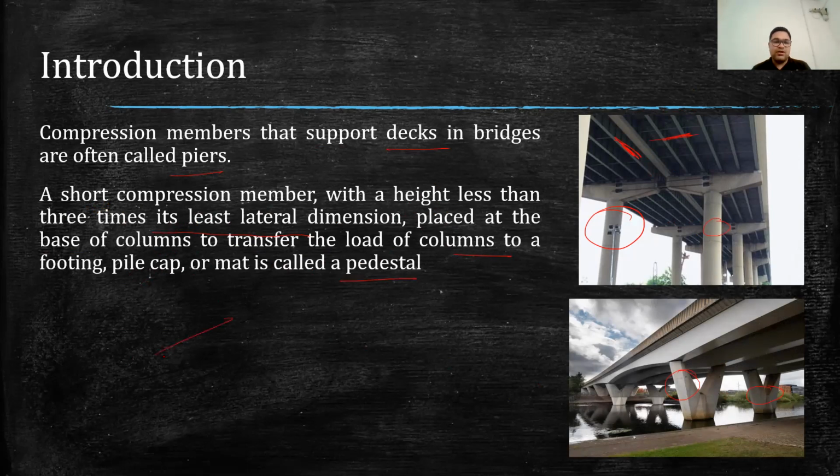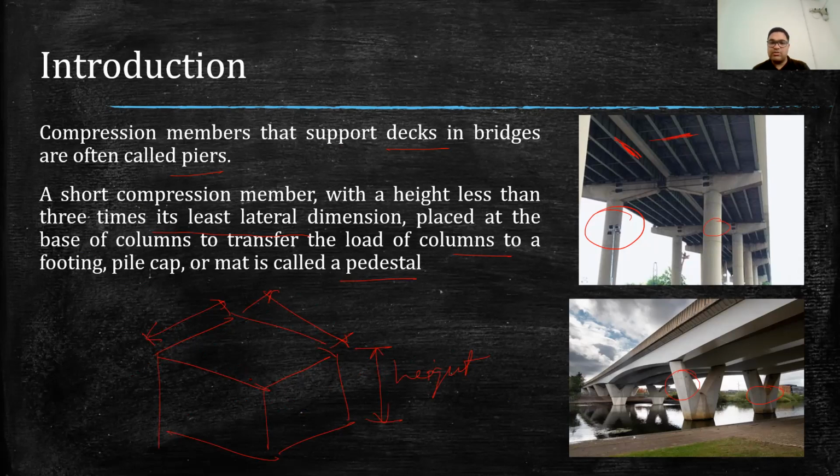So sometimes we make a very short compression member whose height is less than 3 times of the lateral dimension. As we are talking about the column or pedestal, this vertical dimension will be known as height, and these two dimensions, this one and this one, will be known as lateral dimensions.